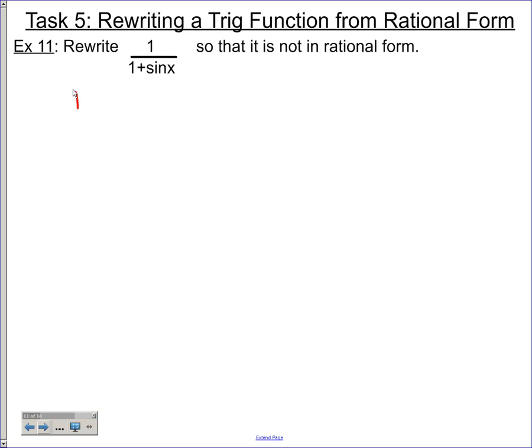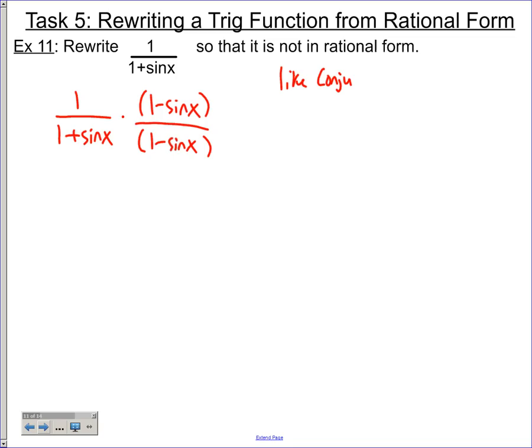I'm going to start with this 1 over 1 plus sine of x, and I'm going to start by multiplying by 1 minus sine of x on the top and the bottom. So this is sort of like the conjugate, right? a plus bi, a minus bi. So this is sort of the trig form of a conjugate.